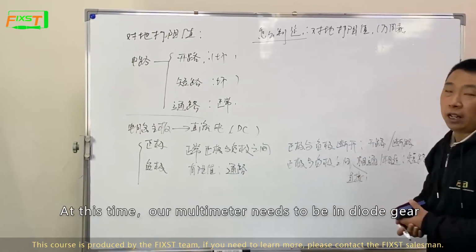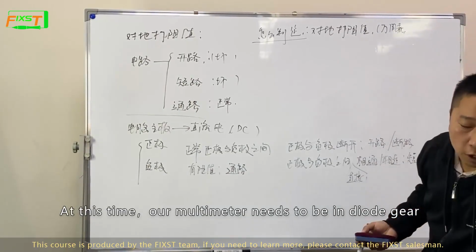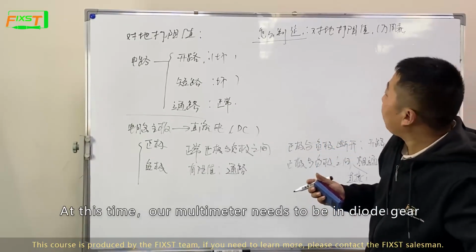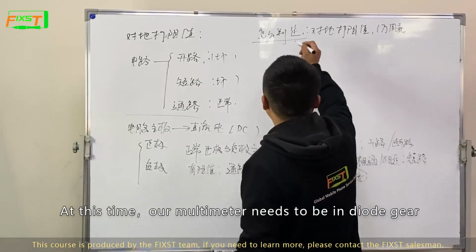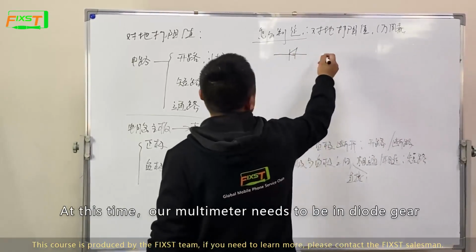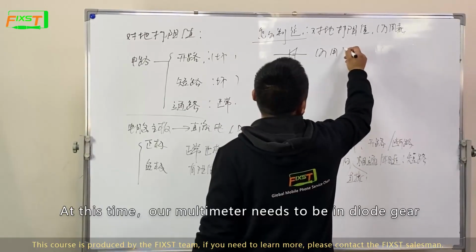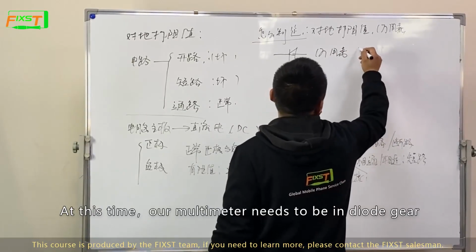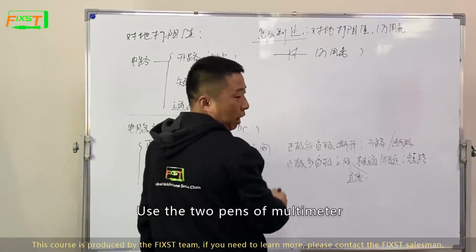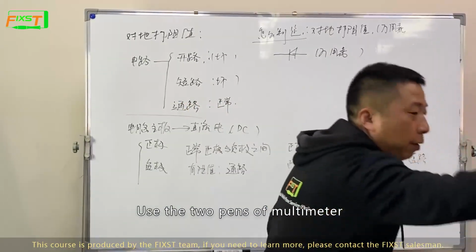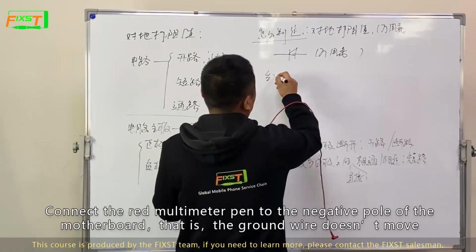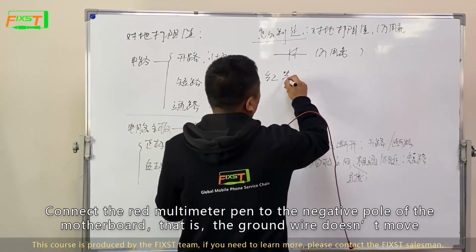The multimeter needs to be in the diode gear. Use the 2 pins of the multimeter. Connect the red pin to the negative pole of the motherboard, that is, the ground wire, and don't move it.